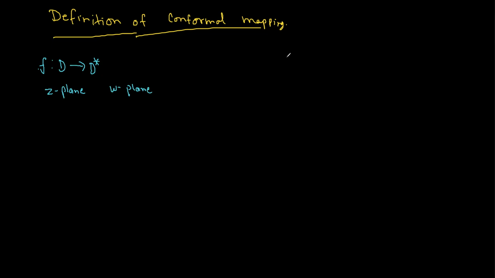So there are two planes actually. One is the Z plane and the second is the W plane, such that W0 is equal to f of Z naught. It means that whenever the Z naught point lies on a function, it will give the W naught point.